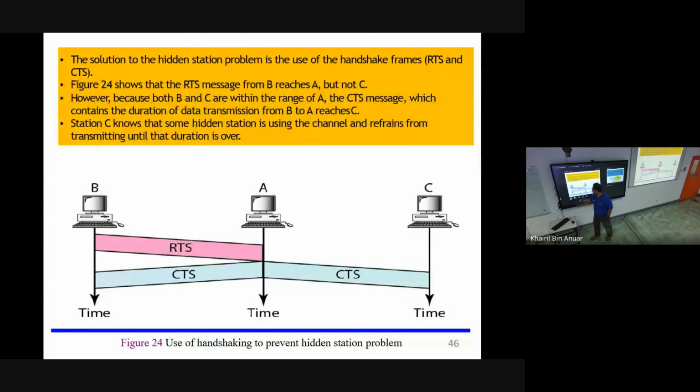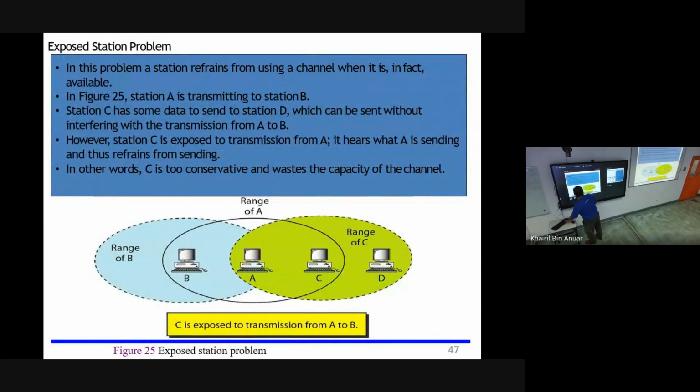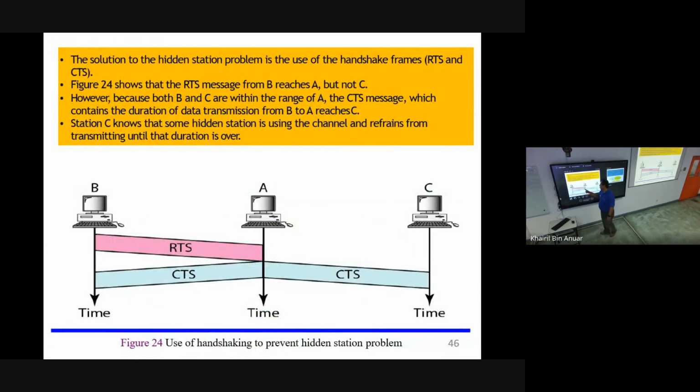RTS and CTS: RTS is request to send. When B wants to send something, it sends a request to send, which reaches A, and A will send back the CTS, clear to send.